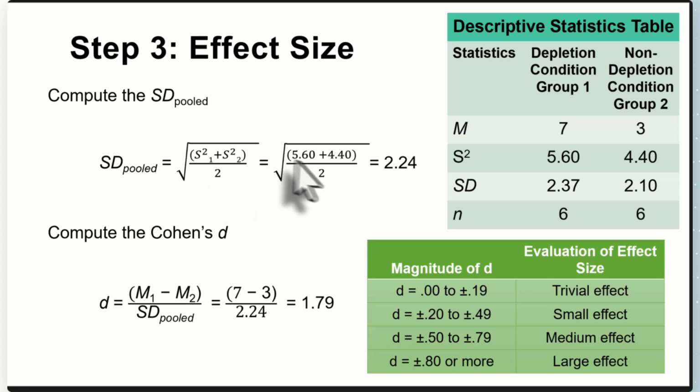So it's the square root of 5.60 plus 4.40 divided by 2 gives us our standard deviation pooled of 2.24. We put that in the denominator, and in the numerator, again, we have our mean difference, 7 minus 3. So our Cohen's d in this case is 1.79, which is a large effect.